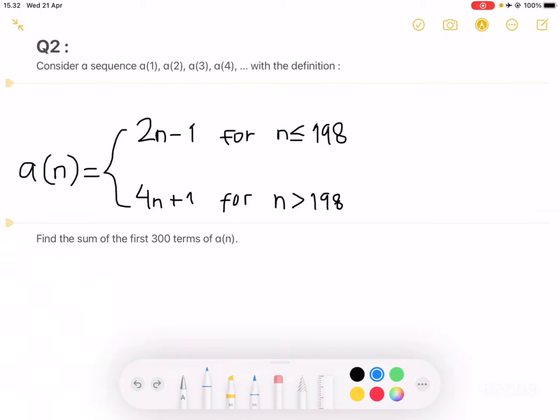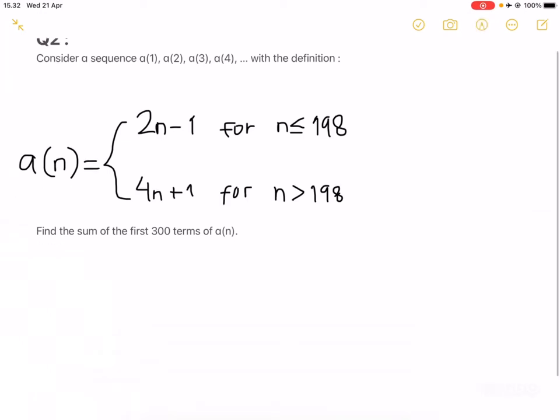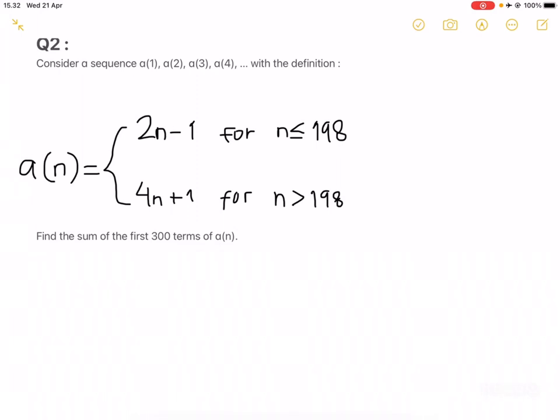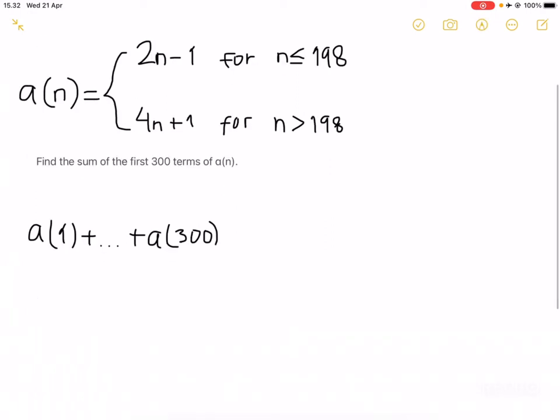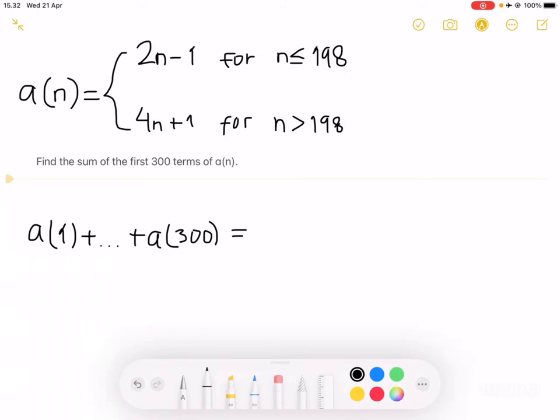And we need to find the sum of the first 300 terms of A of n. So it will be A of 1 plus all the way up to A of 300. Well, writing that out would probably be tiring, as you would have to calculate each value of A. However, we can fix this by rewriting this as a summation, or in the form of a sigma.